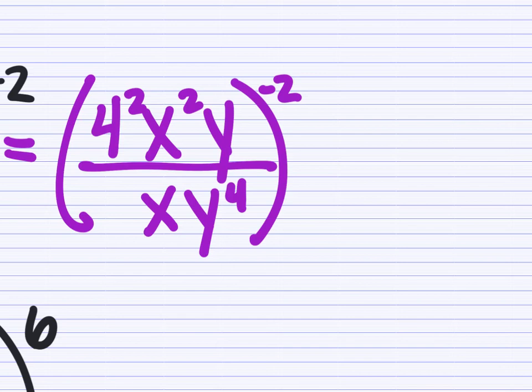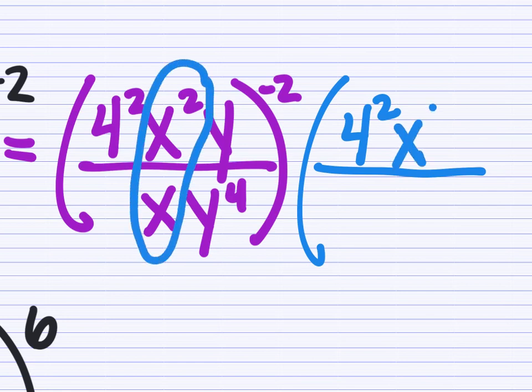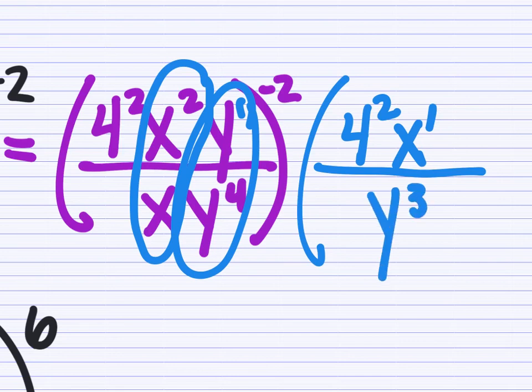Now, the 4 squared will stay. X squared over x gives me x to the 1st. Y to the 1st over y to the 4th will give me y to the 3rd on the bottom, all to the negative 2.